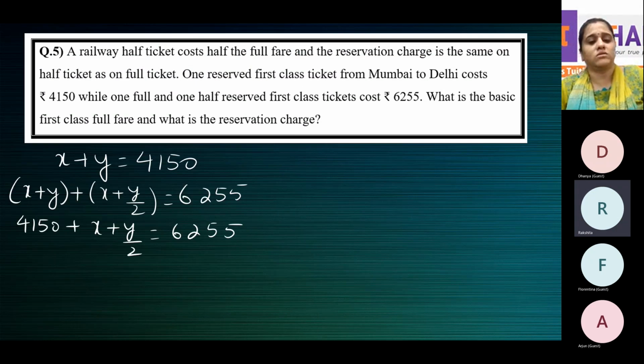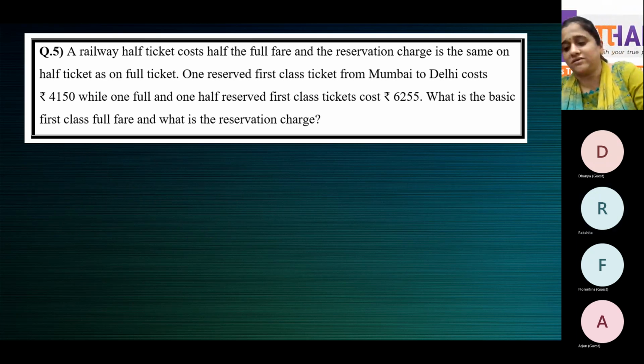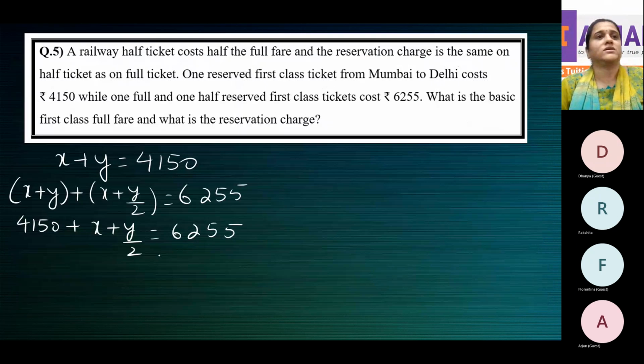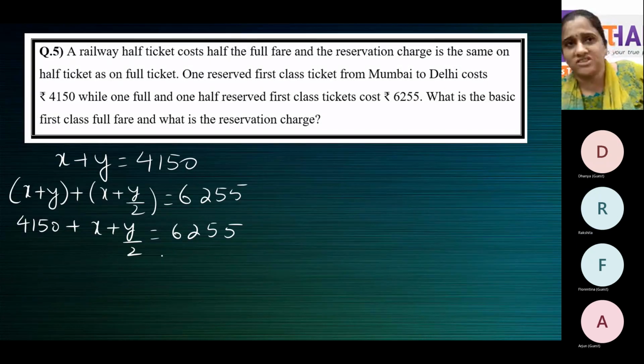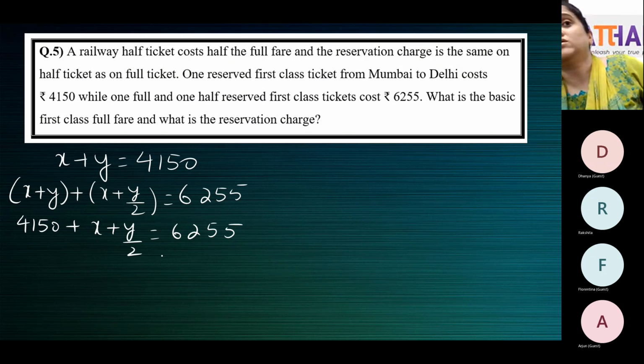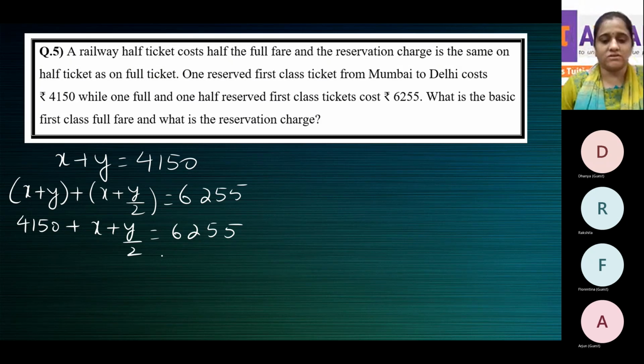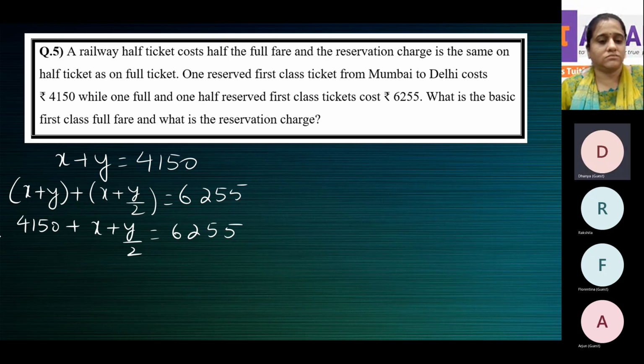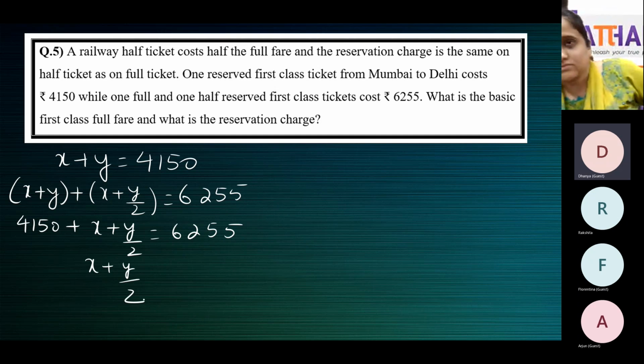Ma'am, I'm getting y value as 4090 and x value as 60. Yeah, Rakshita, you're right. You've got both the values right. Yes, ma'am. One of it is wrong. You got 60, but the other one, that you'll have to check. Ma'am, I too got x as 60 and y as 4090. Very good, very good.